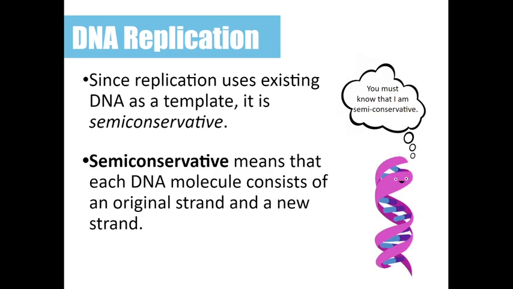Since DNA replication uses existing DNA as a template, it is considered semi-conservative. What we mean when we say semi-conservative is that each DNA molecule consists of an original strand and a new strand. So as you can see in our little DNA cartoon over here, they are very happy about being a semi-conservative molecule.